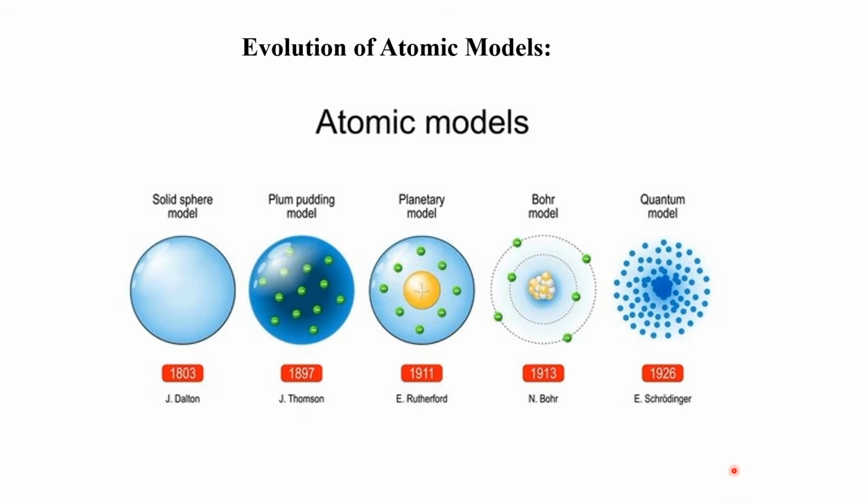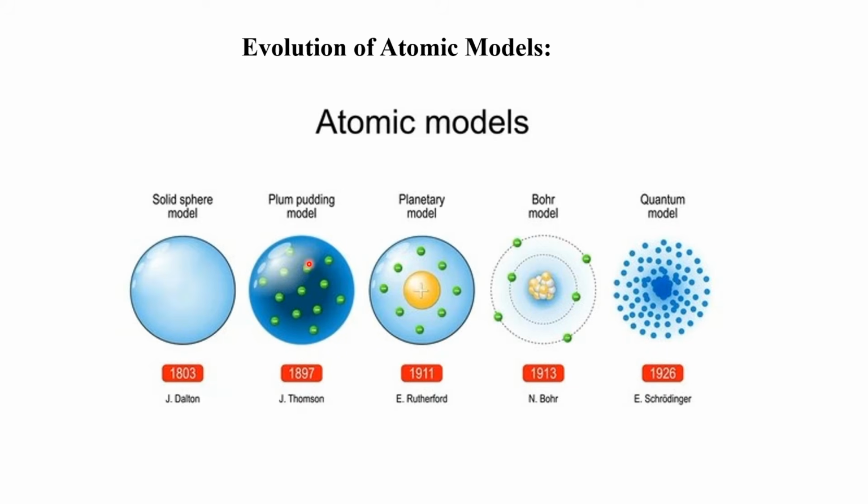This slide shows how the evolution of atomic models takes place. Initially, in 1803, Dalton considered a solid sphere model. Then Thomson, as I mentioned, considered the plum pudding model.